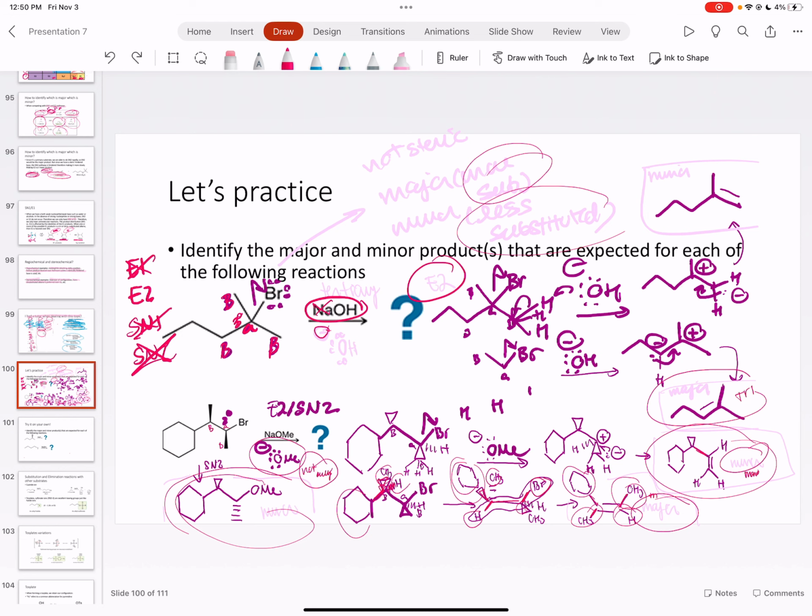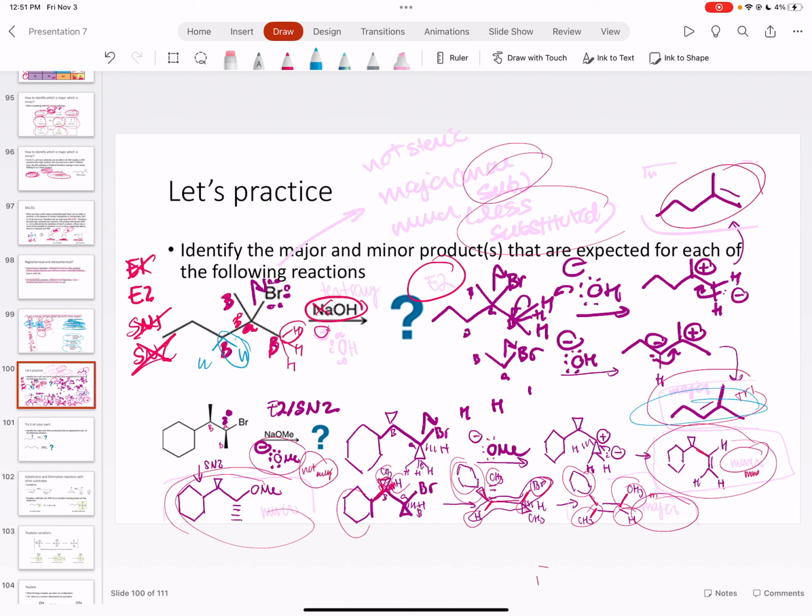So if we eliminate from this hydrogen, for example, then we will get this product right here. Well, if we eliminate this hydrogen from here, then we'll get this product down here.